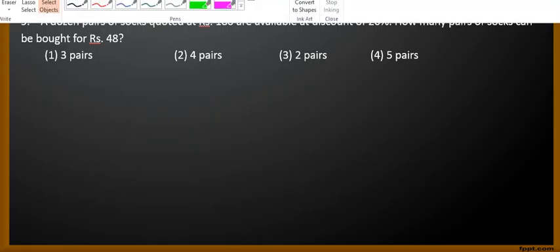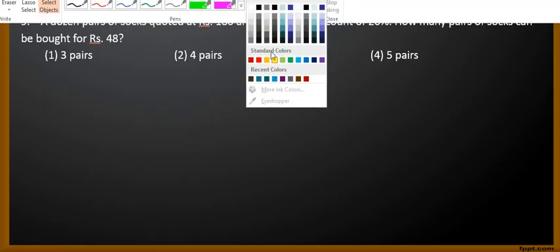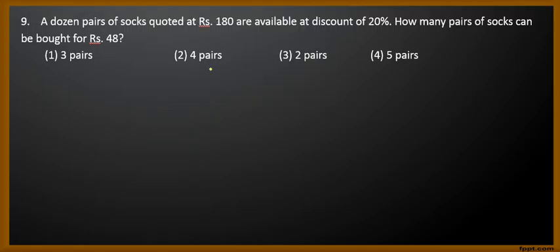Now coming to the next question. A dozen pair of socks quoted at 180 rupees are available at a discount of 20%. On 180 rupees they're giving a discount of 20%.